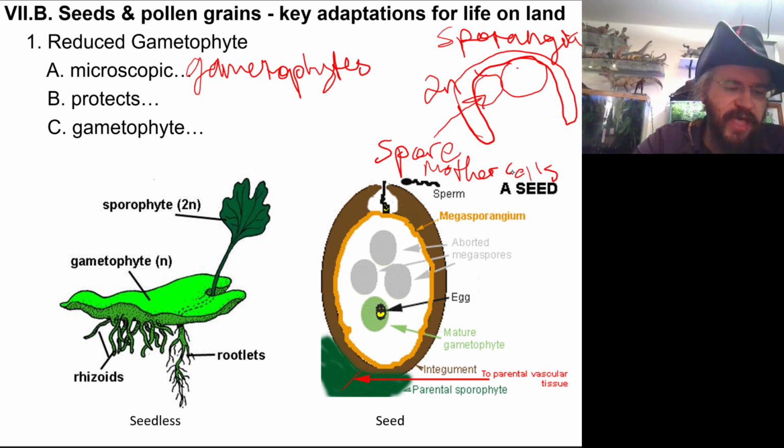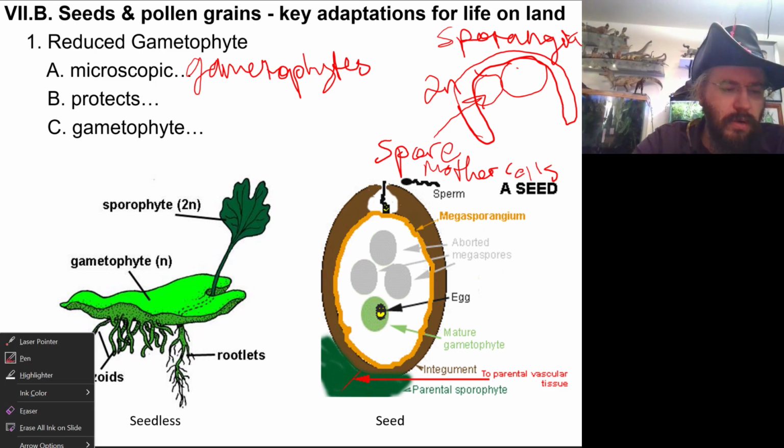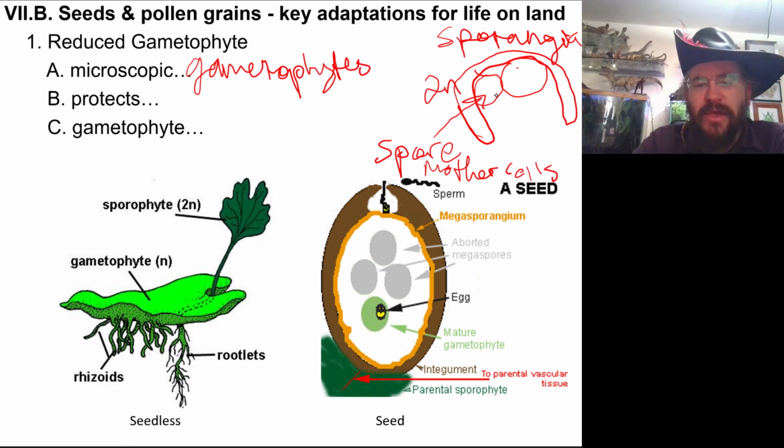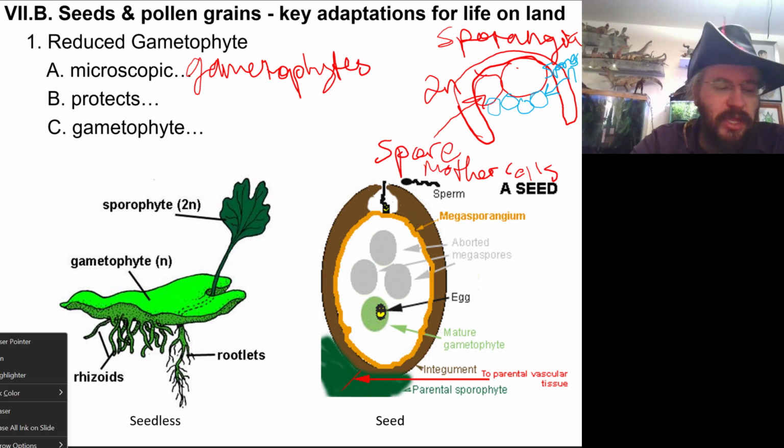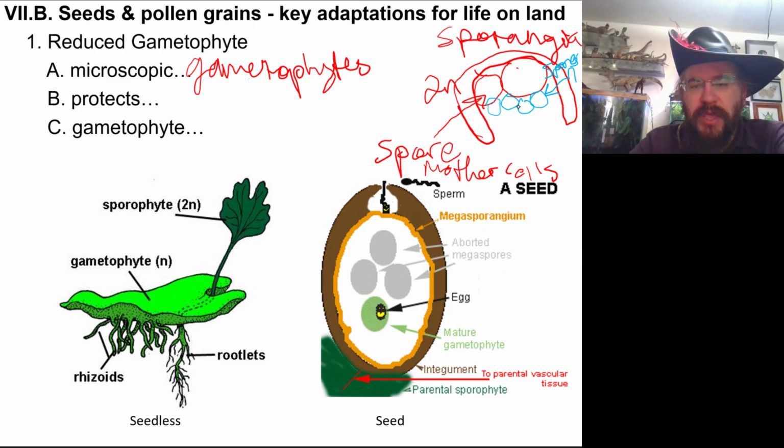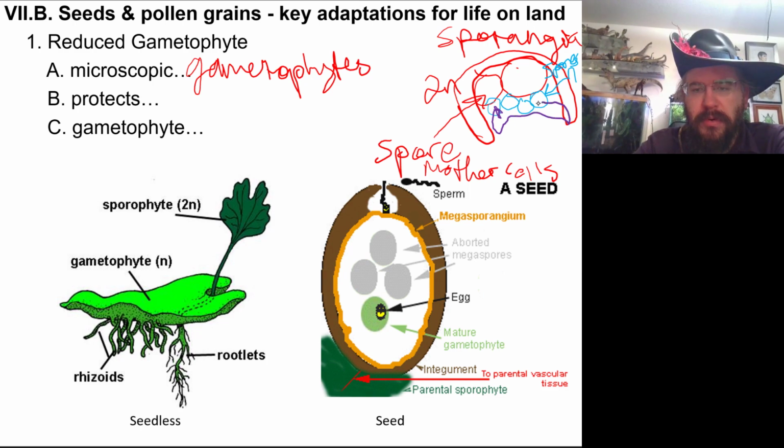And then they do your good old old-fashioned meiosis, and we get spores. And then the spores germinate, and we get our gametophyte.